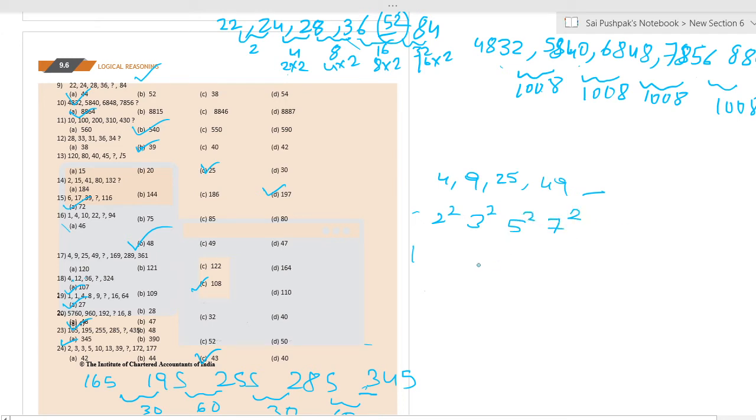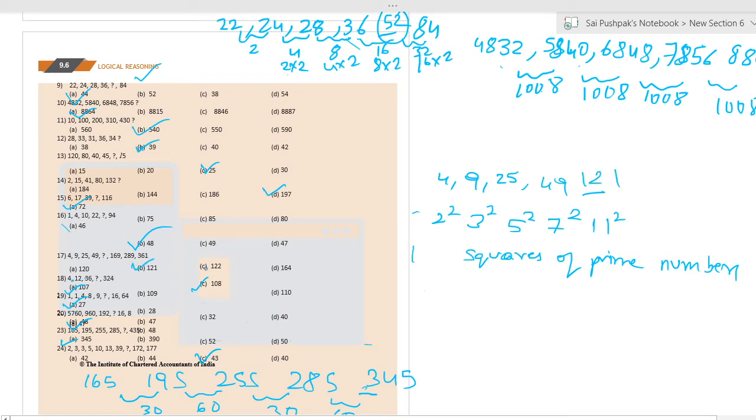But wait, why are they selecting 2, 3, 5, 7? These are prime numbers. So they are taking the squares of prime numbers. This is the series, we got it. So 7 square is 49. What is the next prime number after 7? 8 is not a prime number, 9 is not a prime number, 10 is not a prime number, and 11 is a prime number. So 11 square is 121.